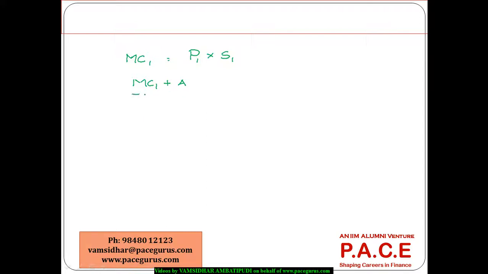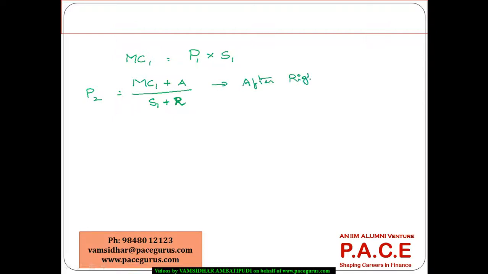So this would be the new market capitalization, and if I am dividing it by the total number of shares, now initial shares are S1 and probably some new shares that are created because of the rights, this equation would result in the P2, which is typically the price per share after the rights issue.